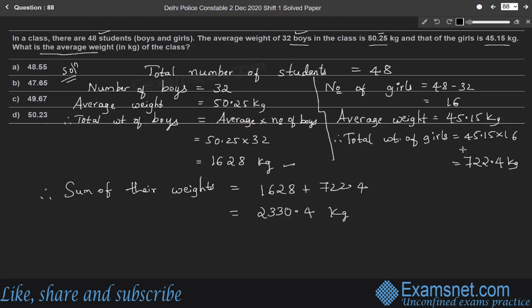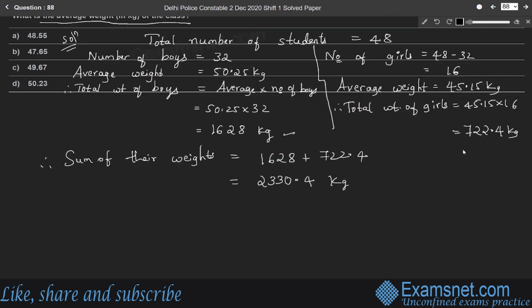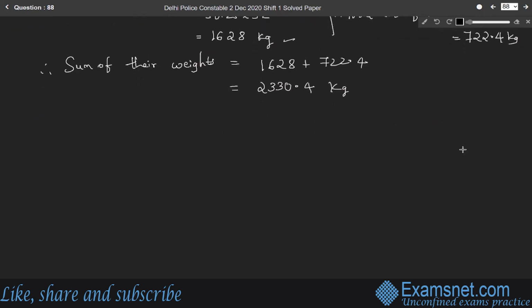So what is the average weight of the whole class? Right. Therefore, average weight of 48 students.